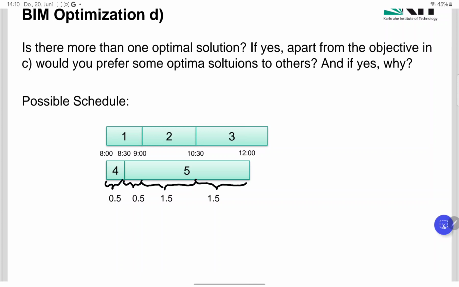So this is why we prefer to have more break-in intervals that are close to our lambda, so every 1 hour, instead of having half an hour twice but then waiting 1.5 hours also twice. And this is why we still would prefer the previous heuristically found solution. And with this, I would like to thank you for your attention. See you.